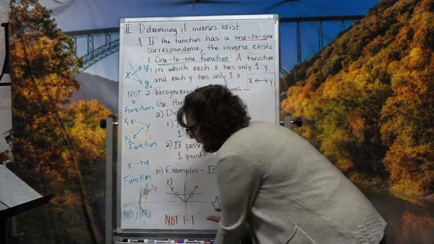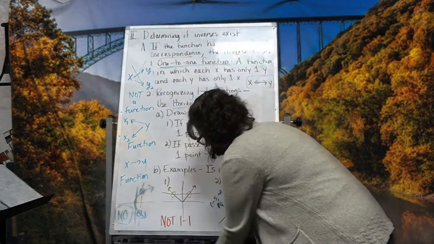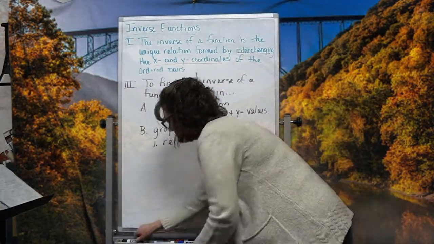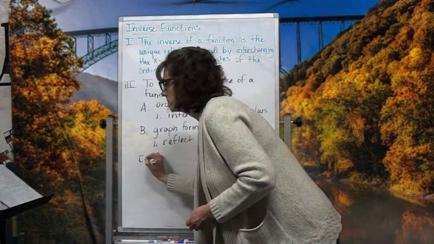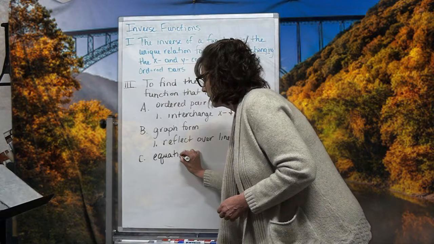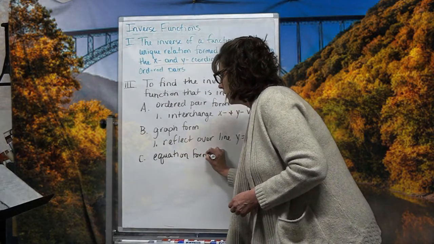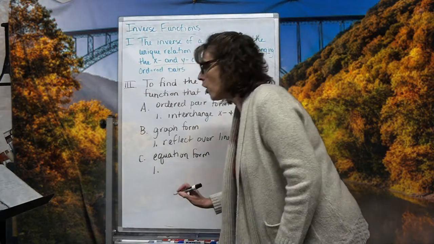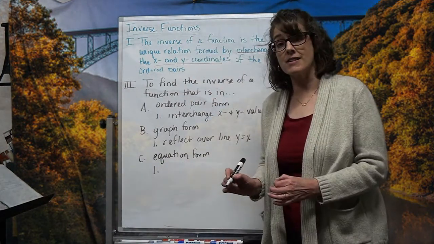Now the third option is, what if I start off in equation form? Well, if I'm in equation form, we need to recall that we have an f of x.